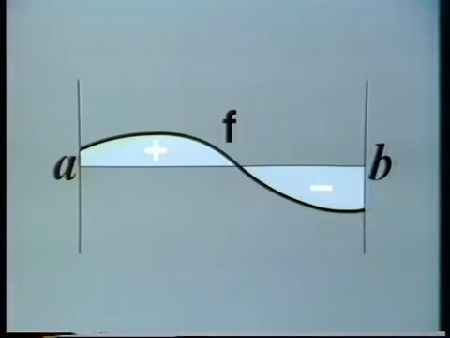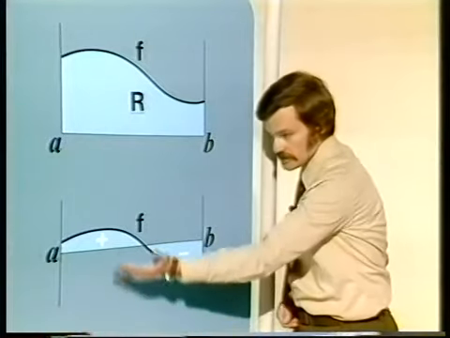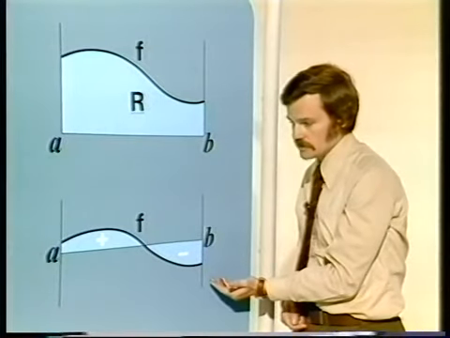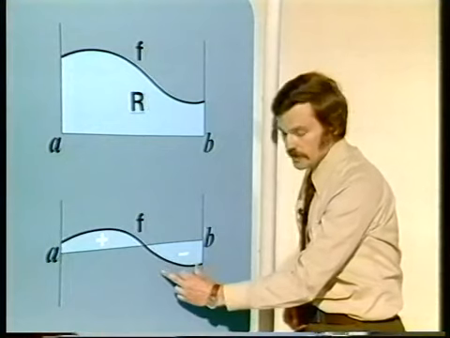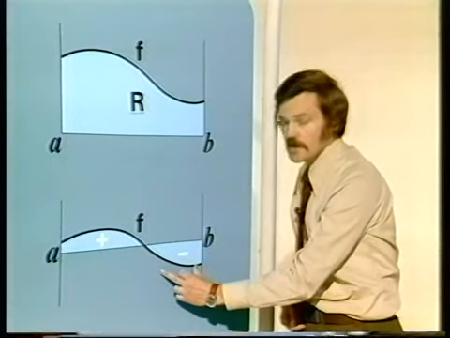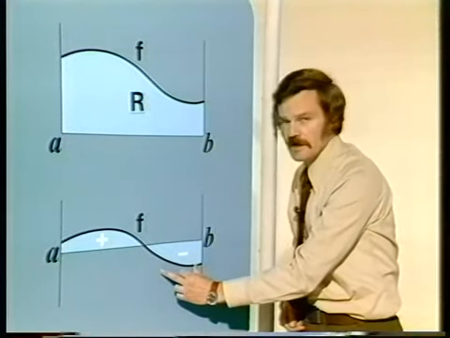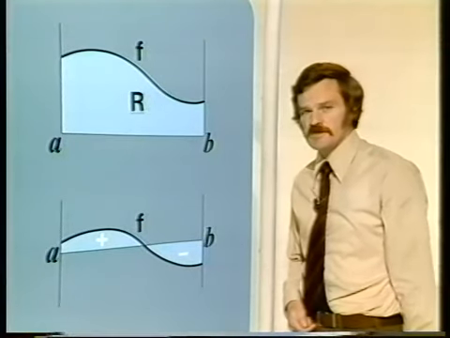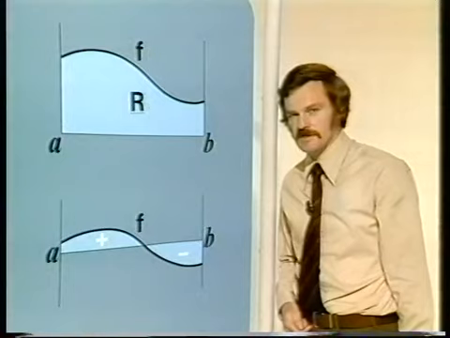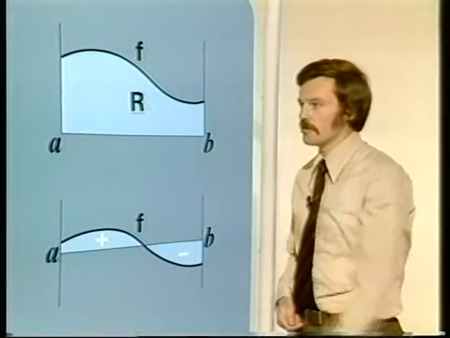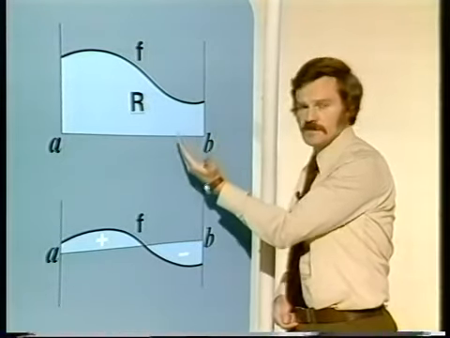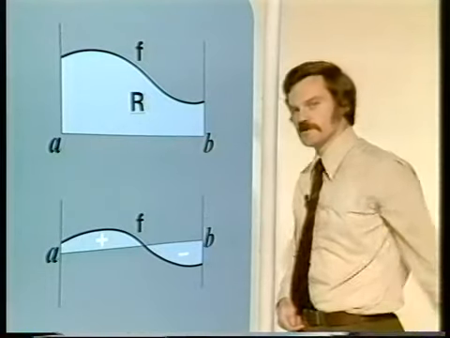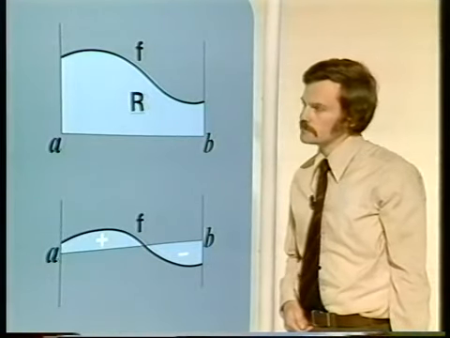Well, it turns out that what we have to do when investigating the area associated with functions like this is for each of the parts of the region below the axis, their contribution to the area has to be counted negatively. Well, the full details of that are spelled out for you in the correspondence text. And for the purposes of this program, we're going to restrict ourselves to this idea. We're going to look at functions which are positive on AB.